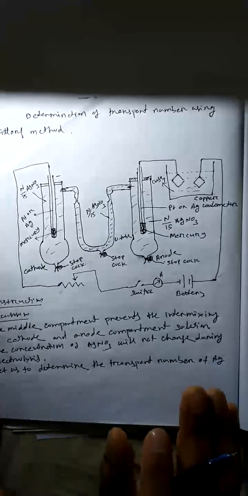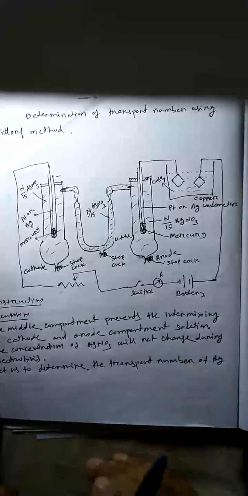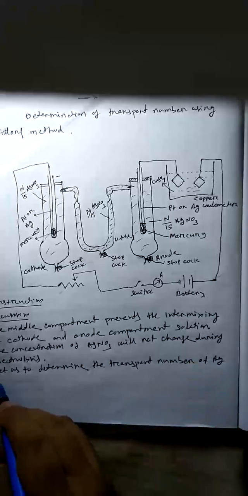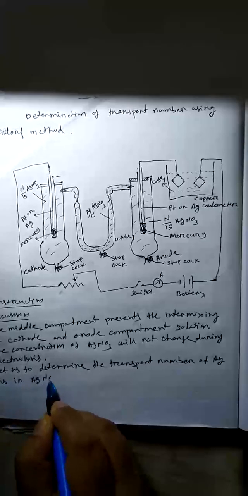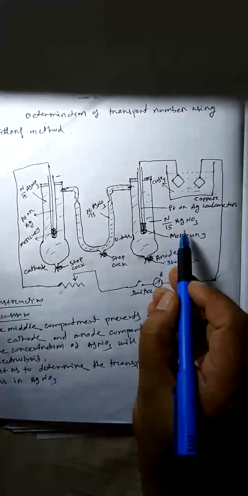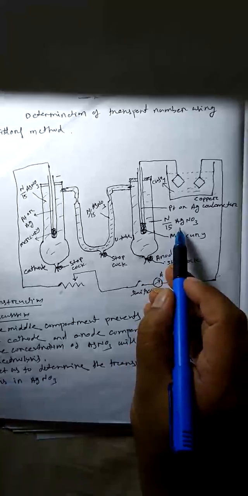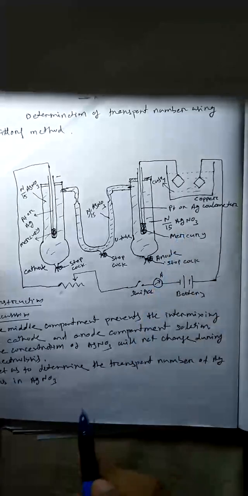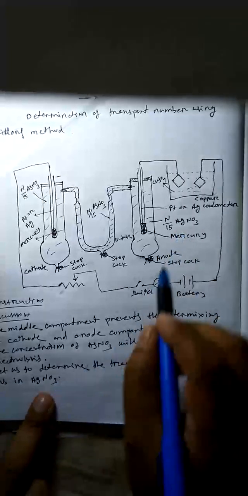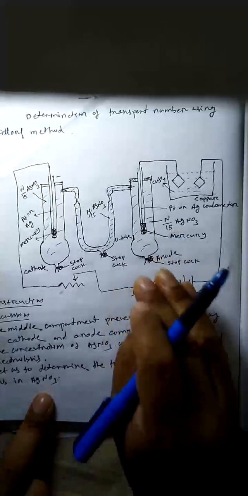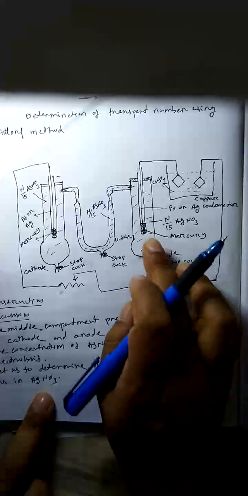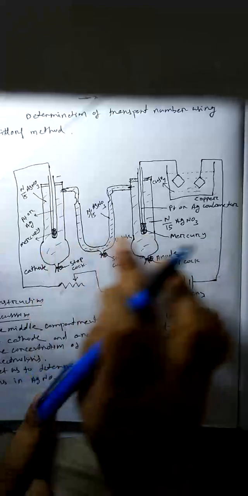We want to find out the transport number of silver ions in silver nitrate, because we take silver nitrate. In order to find the transport number, whichever metal's transport number you want to find out, that concentration you have to take in the anode, cathode and U tube.